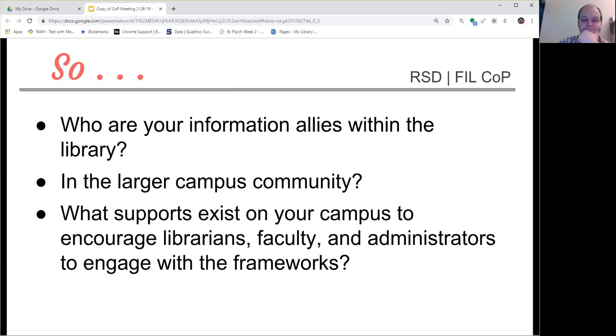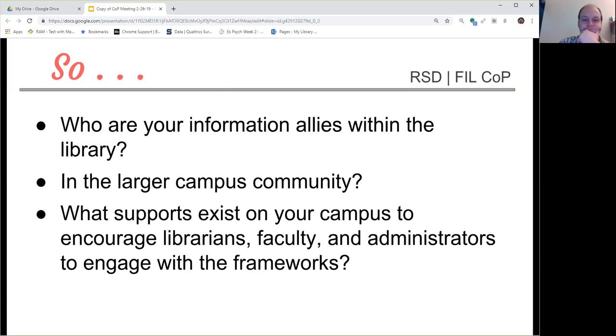To move forward with the conversation then, Jesse started to talk about this, but let's take a look at our allies within the library. Jesse just gave us a little bit of insight on how to find those allies. If we don't happen on the right person, is there somebody else there?